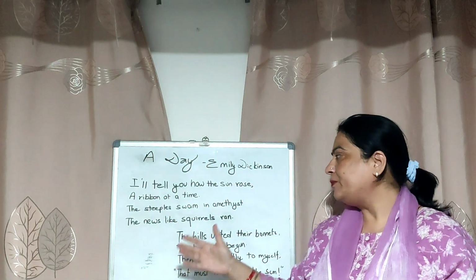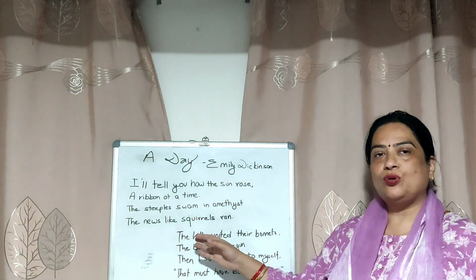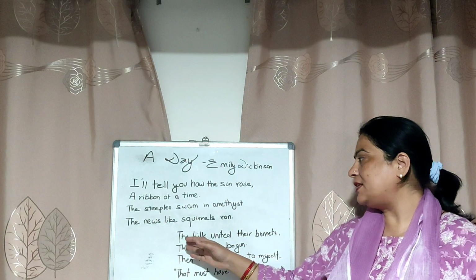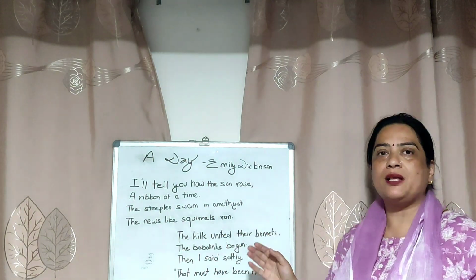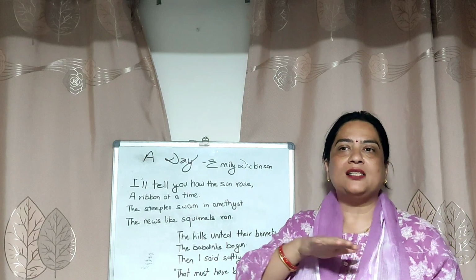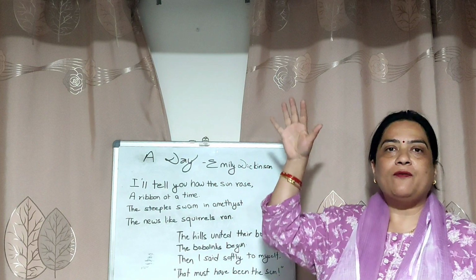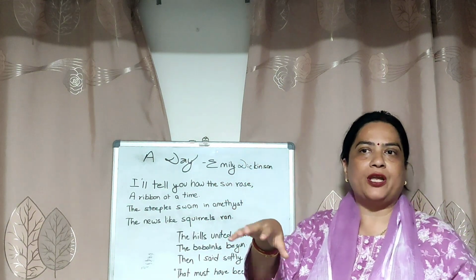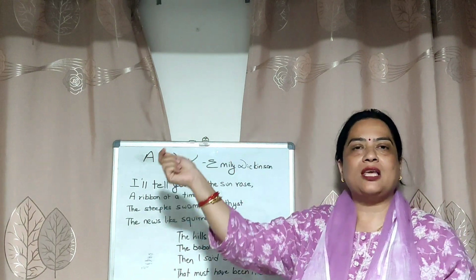Similarly in the second stanza, the writer tries to glorify natural beauty by saying the hills untied their bonnets. Hills untied their bonnets means once there's darkness, the hills or greenery are covered with fog or darkness, but when the rays of light fall upon them, they seem very clear, as if someone has taken off a cap.